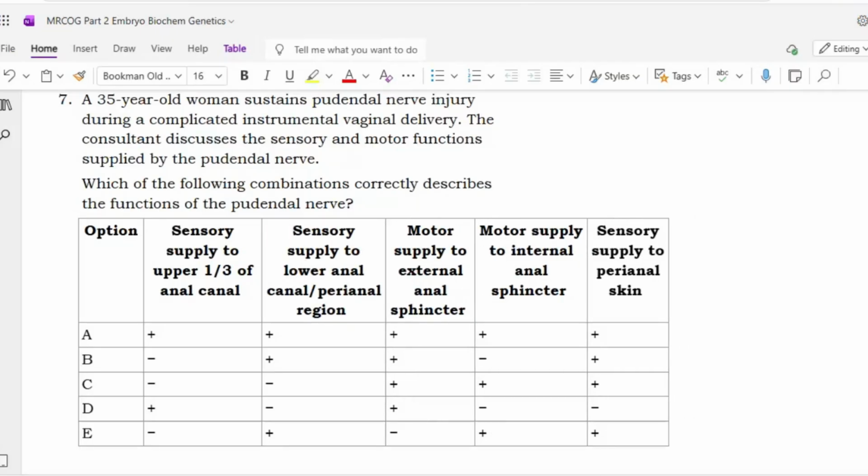Is it going to be sensory? Is it going to be motor, or both? The pudendal nerve supplies both. So it is going to supply the lower anal canal and the perianal skin. So out of option B and E, we have to choose. But it supplies the internal.